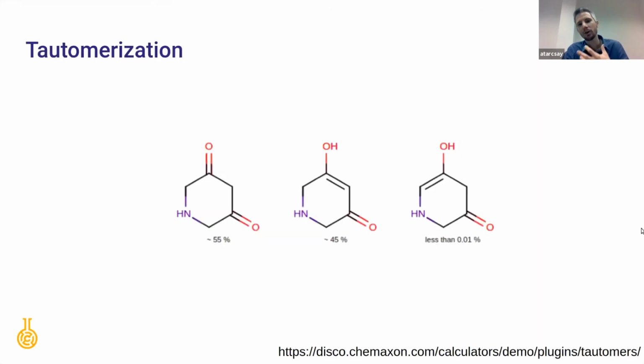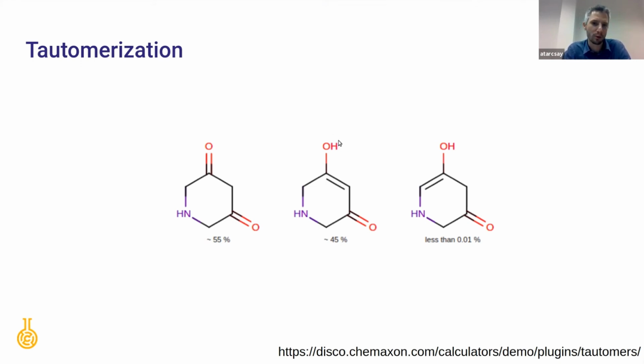So when you are thinking of what to dock into a binding site, what to start evaluating, you have to think of all of these aspects, including tautomerization as well. Again, this is a simple calculation on this molecule, where an oxo-enol tautomerization, or two different ones, can happen, and this will change the characteristics of the molecule, the number of hydrogen bonds it can form, the type of the hydrogen bonds it can form.